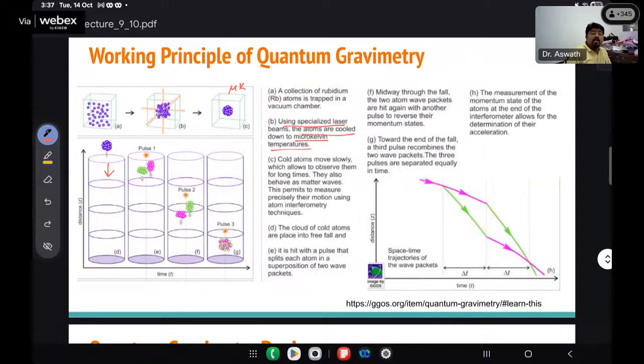Just like a pulse is made up of two signals, sinusoidal or cosine functions, you can separate the pulse into two signals. The same way, I have a clump of cold atoms which behaves like matter waves, and I can separate them into two waves. The two waves are going to have different propagation velocities, the way they are traveling.